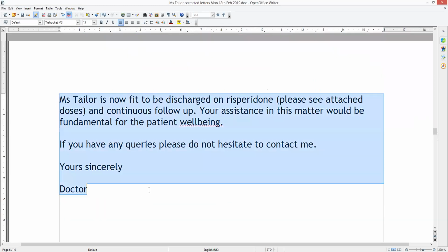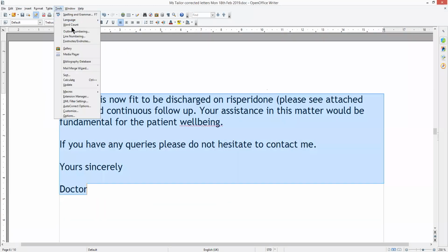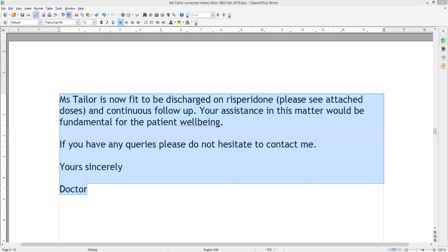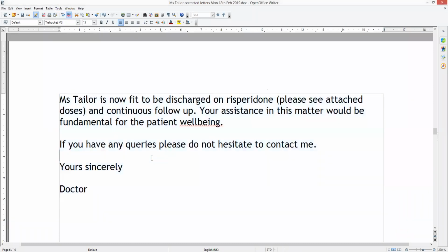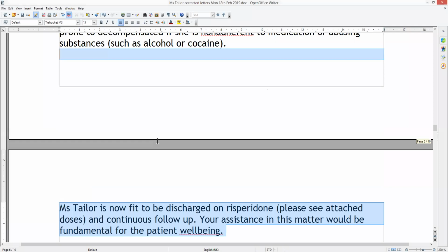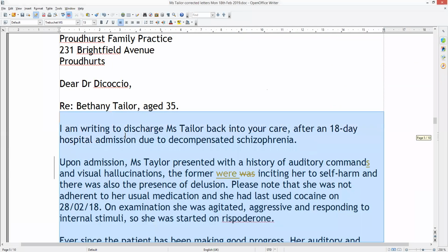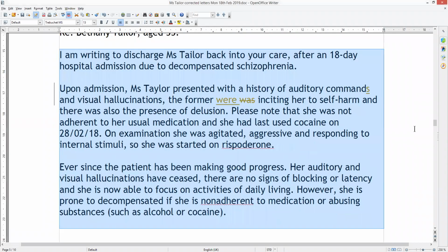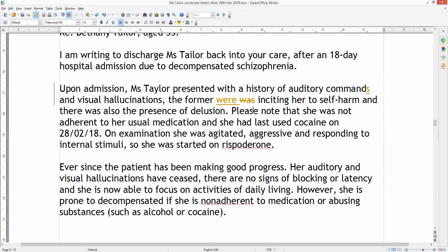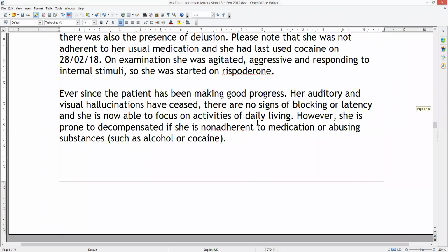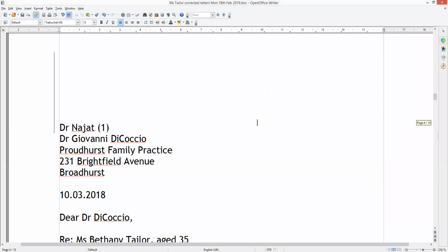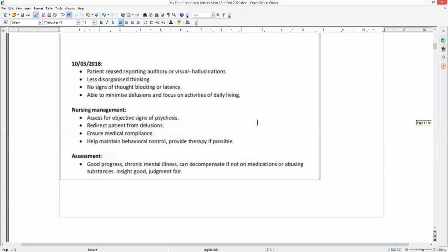But if we have a look, now it's 194, but it's only 171 in this part, in the body. So I think you could have put a couple more sentences here. We've got the nursing management.